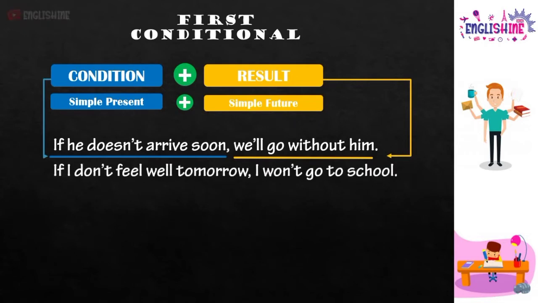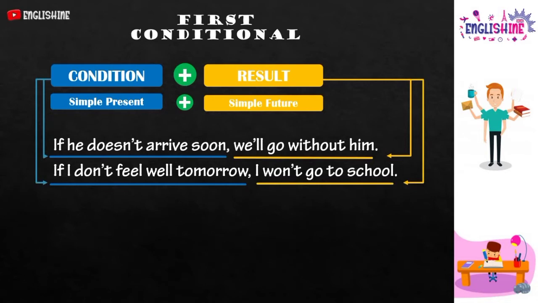If I don't feel well tomorrow, I won't go to school. The condition is, if I don't feel well tomorrow, and the result is, I won't go to school. Remember, I won't is the contraction of I will not.